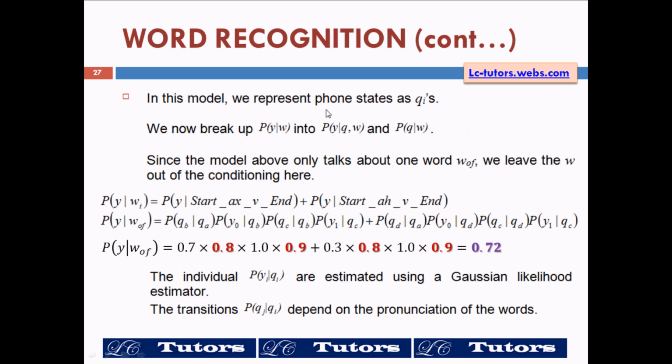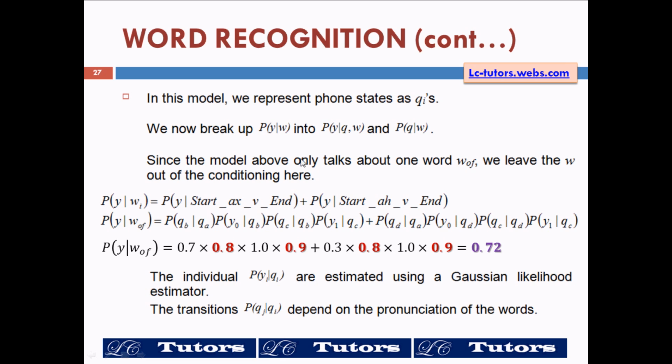In this model we represent phone states as Qi's. We now break up P(Y|W) into P(Y|Q,W) and P(Q|W). Since the model above only talks about one word, "off", we leave out the W. We don't need to have this W condition in this equation.